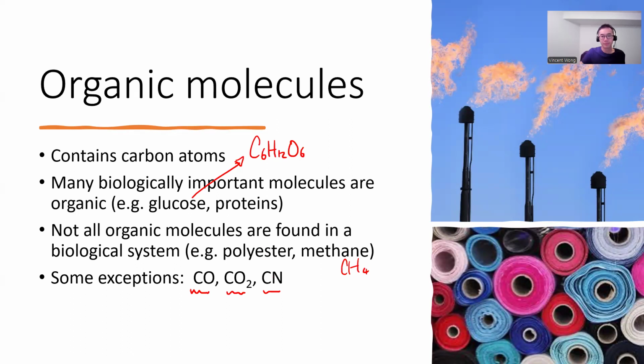So if I give you a list of molecules and ask which ones are organic, you can pick out all the ones with carbon, but not these ones. Again, CO is carbon monoxide. Poisonous, right? You're supposed to have a detector for that as well. Carbon dioxide is something we breathe out, and then cyanide. Cyanide is very poisonous, and we'll learn why later on in lecture 5.